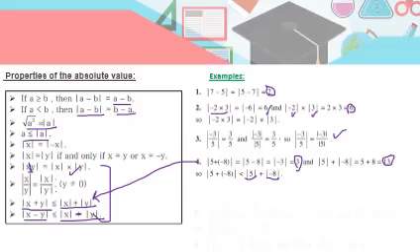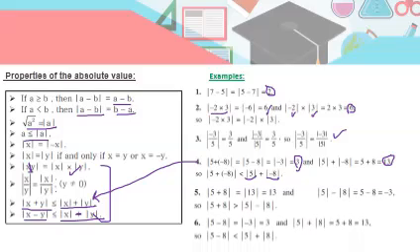Okay? And now absolute 5 plus 8 is 13. So absolute of 13 is 13. And if you subtract them, absolute of 5 minus absolute of 8 is equal to minus 3. So the absolute of their addition is greater than the absolute of their subtraction. Those are some properties that you might use when solving.